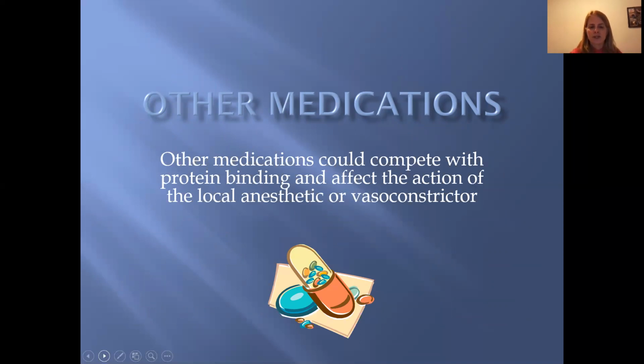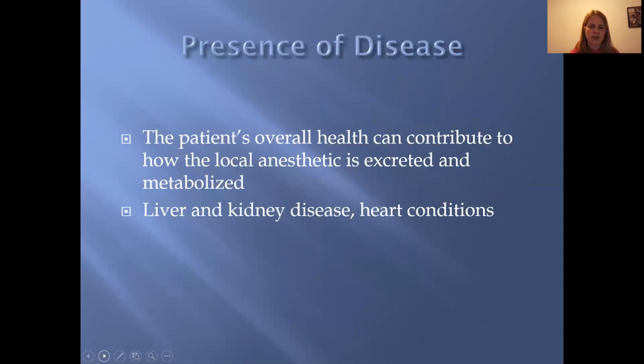So other medications are competing and can affect the action of the local anesthesia or the vasoconstrictor. Presence of disease, the patient's overall health can contribute to how it's excreted and metabolized. So if somebody has liver or kidney disease and the anesthetic stays in the body longer, there could be potential reactions.